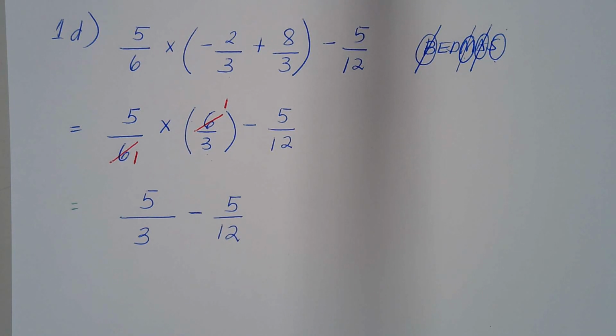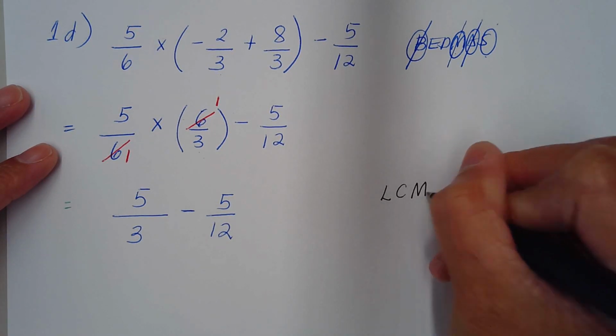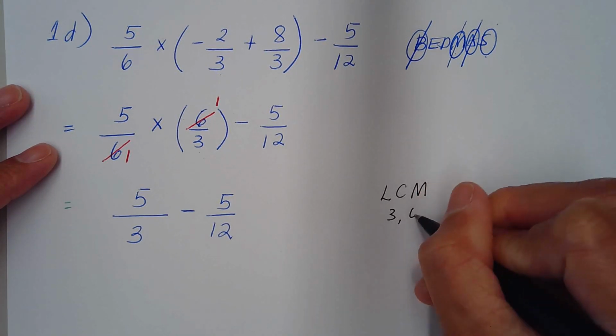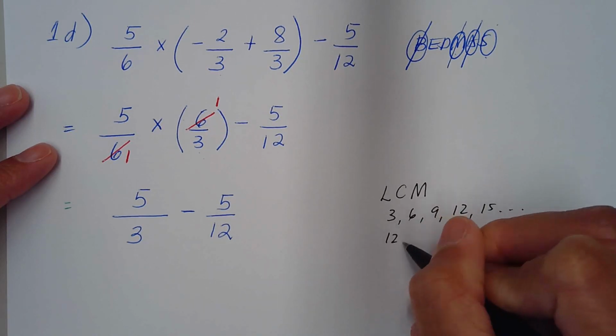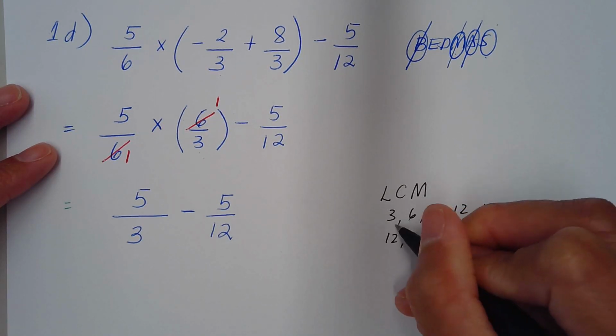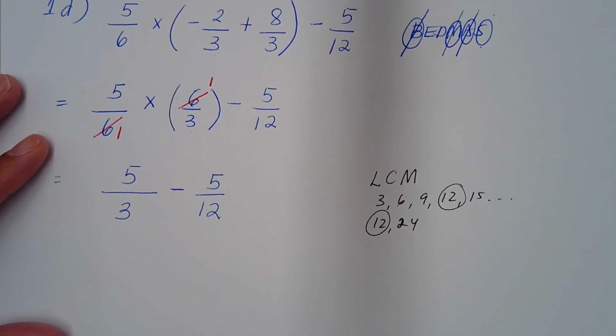How do you know it's 12? Yeah, you look at the lowest common multiple, LCM. 3, 6, 9, 12, 15. And the other one is 12, 24. Your lowest is 12. Okay.